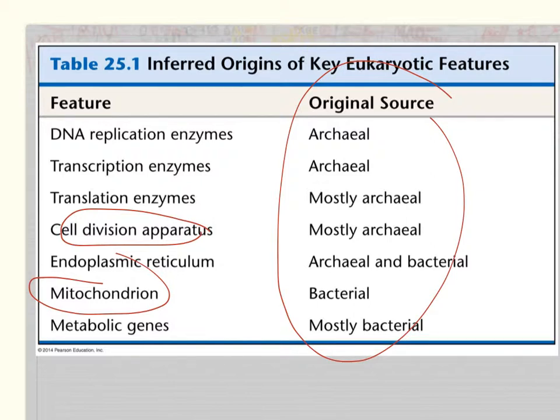And so we have the archaea, which are the extremophiles. They live in crazy environments, organisms like that. And then the bacteria, which live pretty much everywhere else and have slightly different cell wall structures and things like that. But that's where we think we got the eukaryotic parts from.